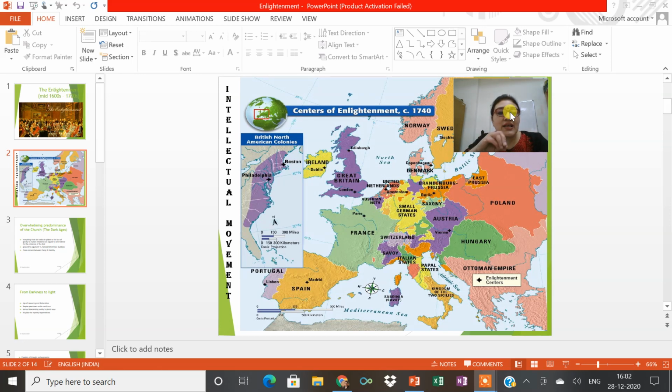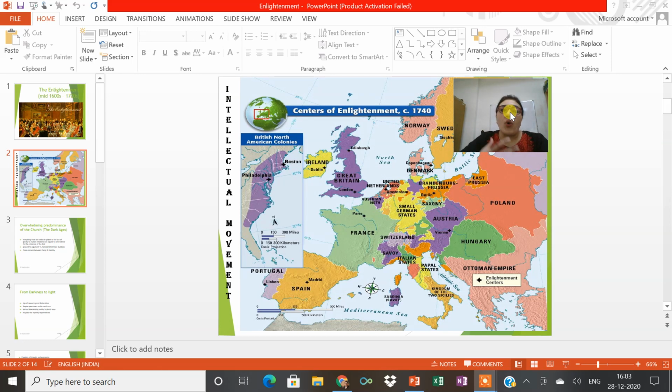And this is primarily how it looked around 1740.